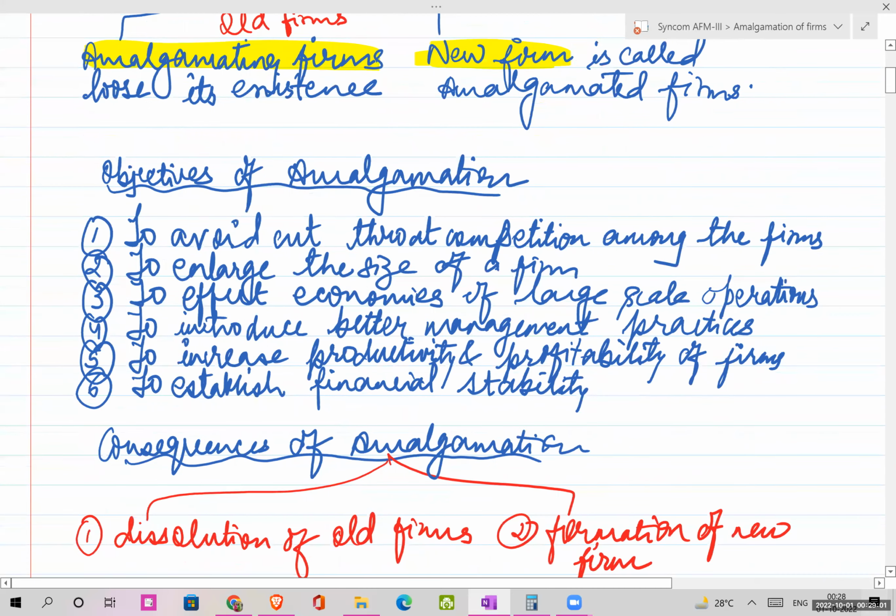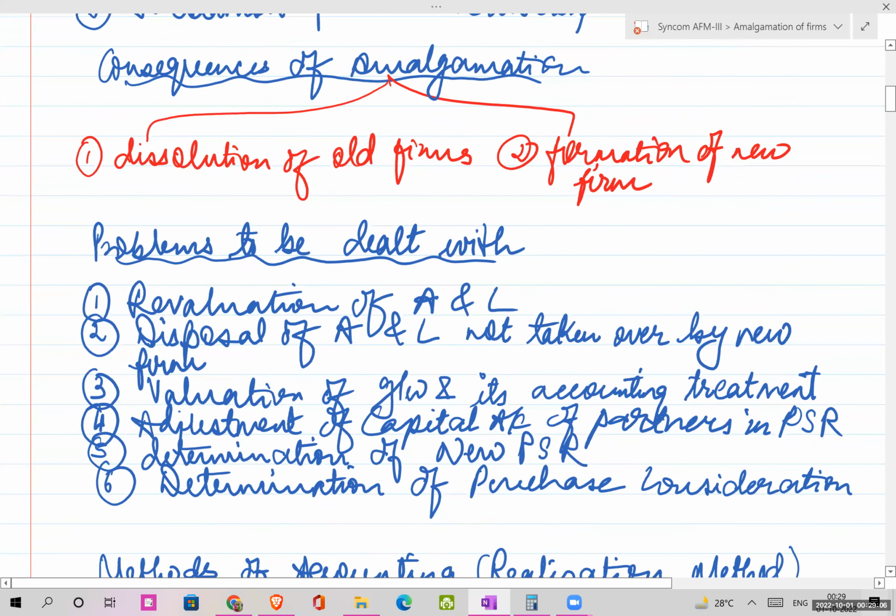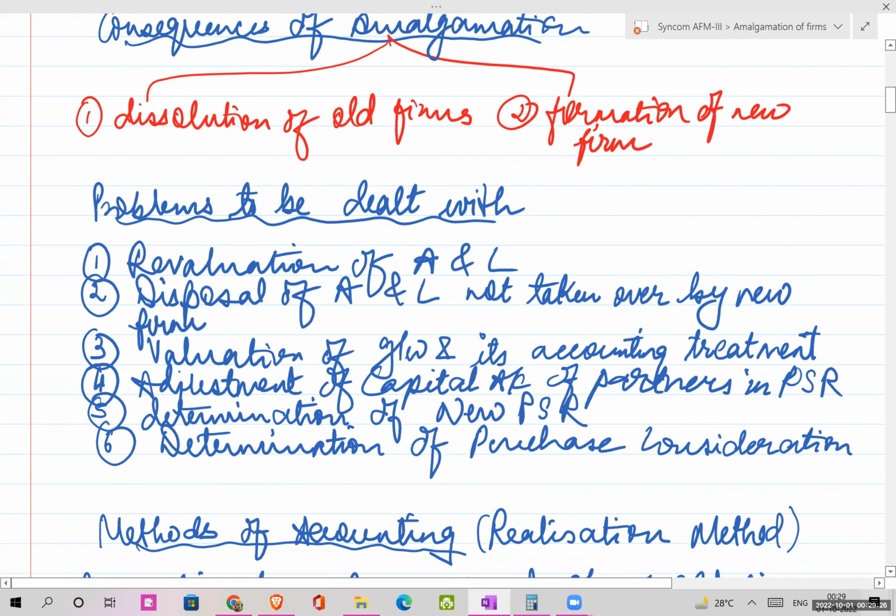Now, these are the problems that amalgamation deals with: revaluation of assets and liabilities, disposal of assets and liabilities not taken over by the new firm, valuation of goodwill and its accounting treatment in books, adjustment of capital accounts of partners in their profit sharing ratios, calculation of the new profit sharing ratios, and calculation of purchase consideration.